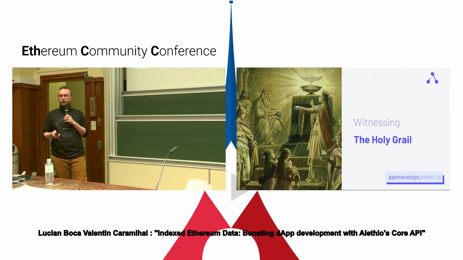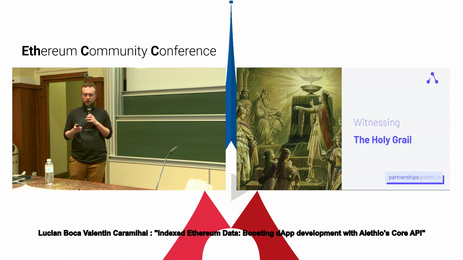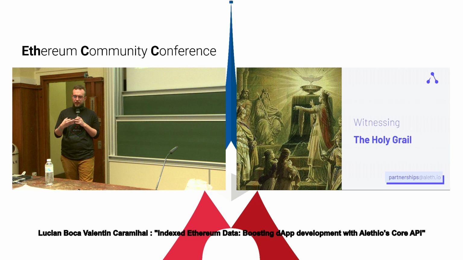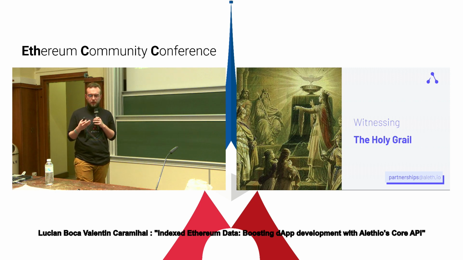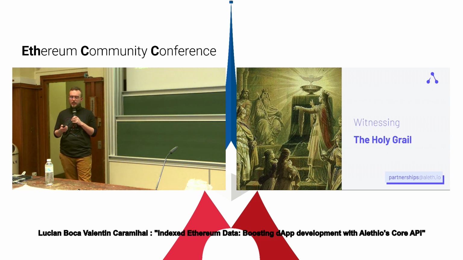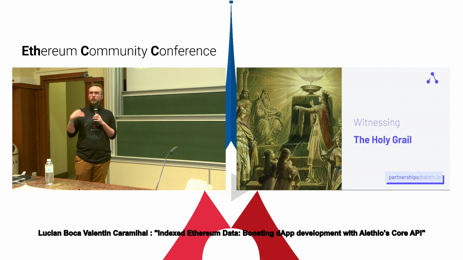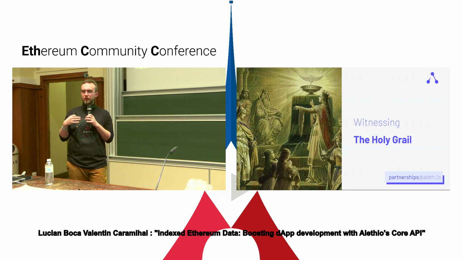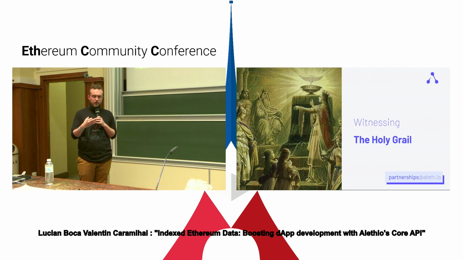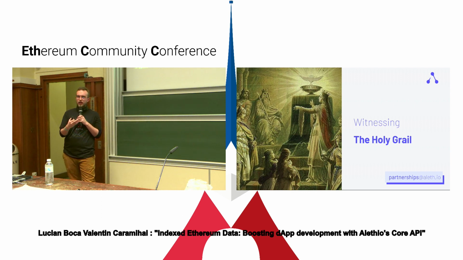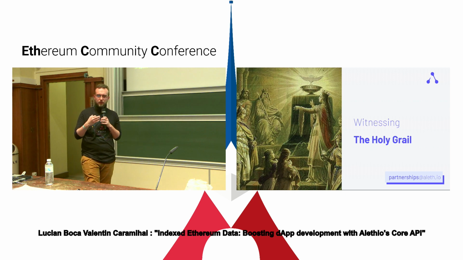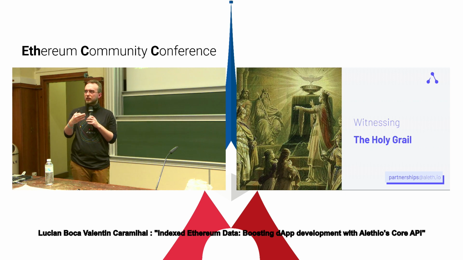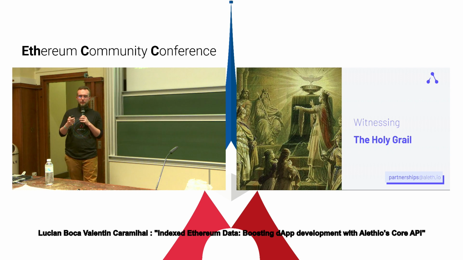So I hope it's not too far-fetched if I tell you that the moment when I saw the pipeline that Alessio had already developed, I realized this is probably the closest thing I've seen in the blockchain developer space to a holy grail. Because not only did it solve my own problems with my own app, but it was ready to assist any other Ethereum-based app and project that needs to handle Ethereum data in real time in a robust and reliable way.